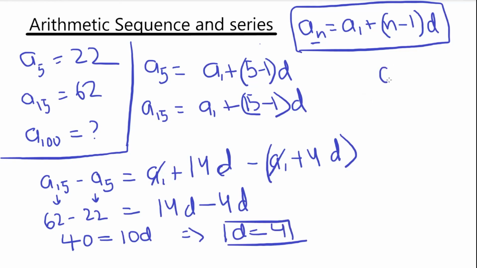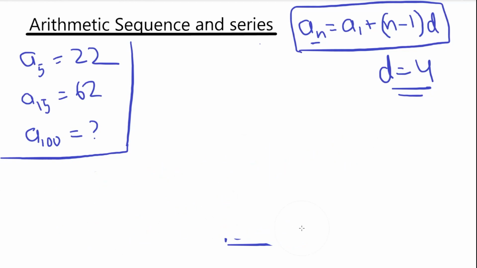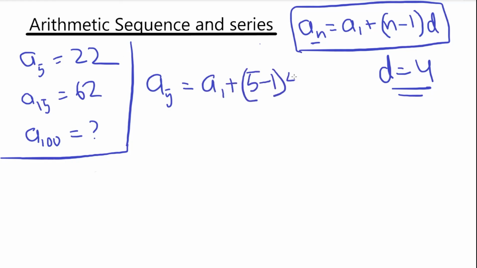Now we have d equal to 4, so we'll write it up here and restart this. Now that we know the common difference, we can write out the fifth term, which is equal to a1 plus 5 minus 1 multiplied by the common difference of 4.